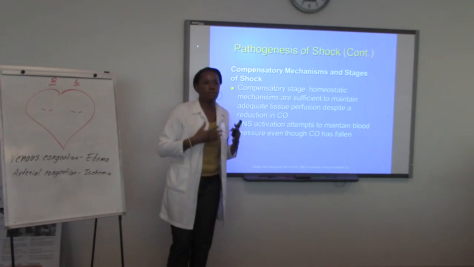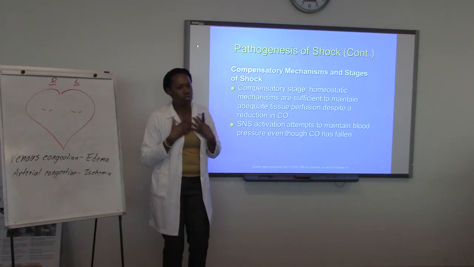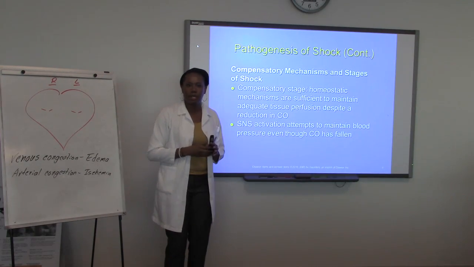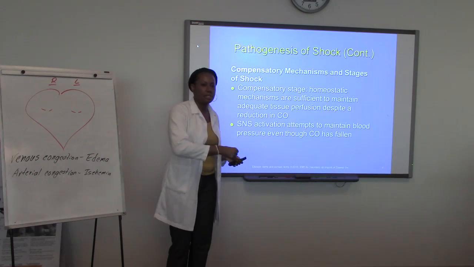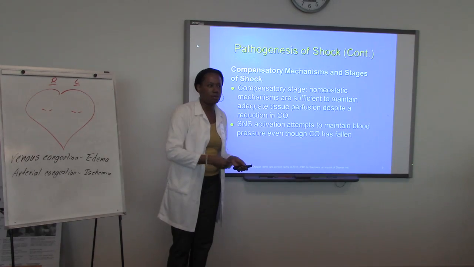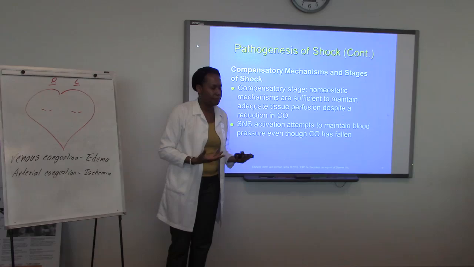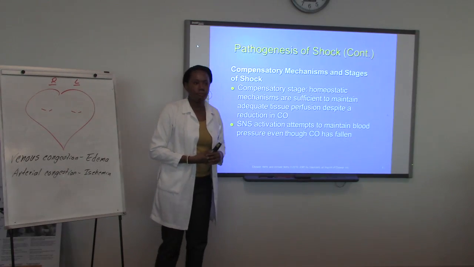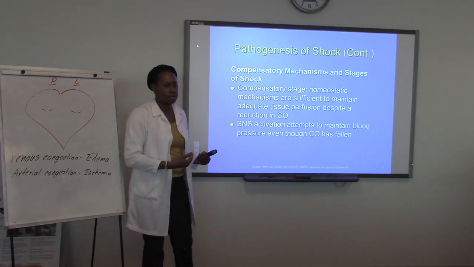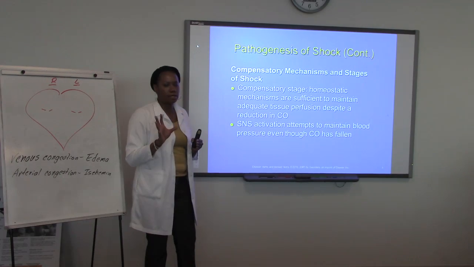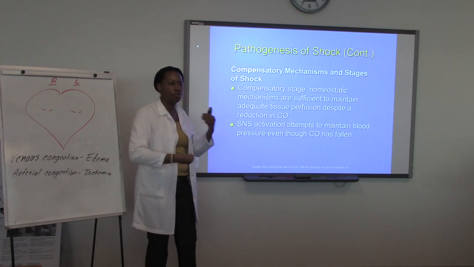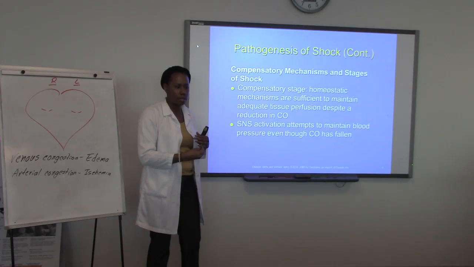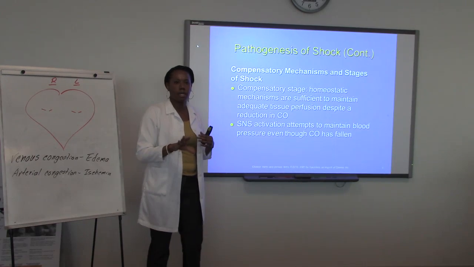Even if the body's undergoing heart failure or shock or whatever is happening, the body will always try to compensate and correct it. Unfortunately, it doesn't correct it 100%, but the body will always try its best. That's the beautiful thing about the human body. It will always try to correct an abnormality, which is why we went over that in chapter 2.